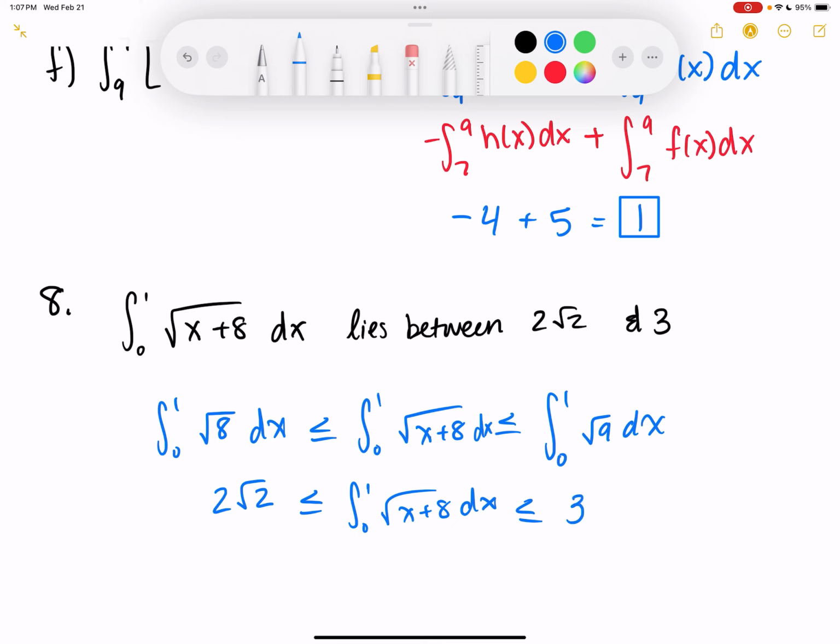Now, what we have done is we've actually integrated these two pieces, okay? If we took the antiderivative of the square root of 8, it would be square root of 8 times x. And then square root of 8 times 1 minus 0 is what's really happening to get us to this answer. We've actually done it without having to, because of the way we've set it up. We just didn't really have to do it.